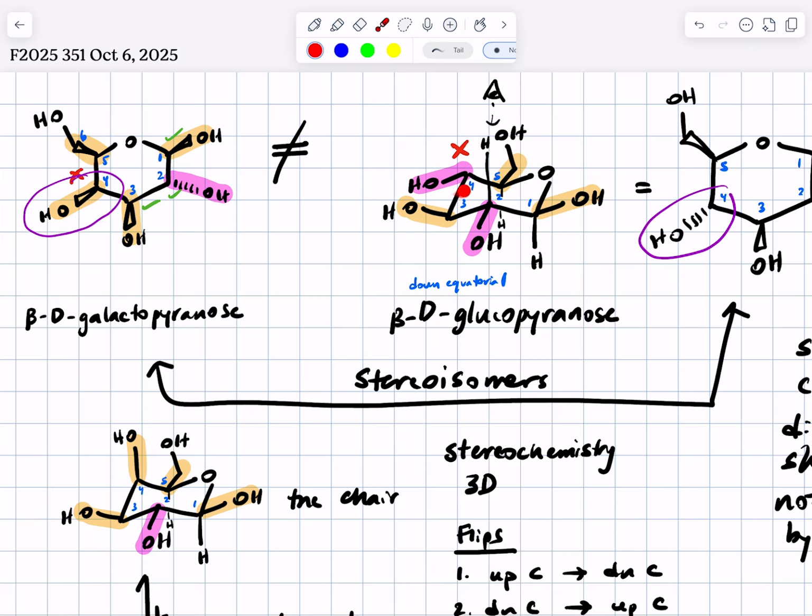The only difference is an OH group is up over here, but down over here. That kind of shape thing matters in chemistry and biology. And we're going to talk about how. But in general, you need to know the concept of stereoisomers, which is same connectivity but different shape.